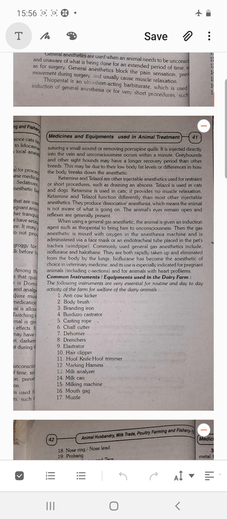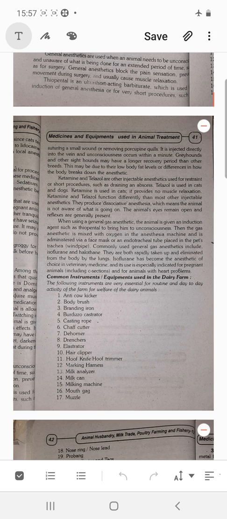Come to the next page, page number 41 of your animal husbandry textbook. It is compulsory for good study. Ketamine and telazol are other injectable anesthetics used for restraint or short procedures such as draining abscesses.